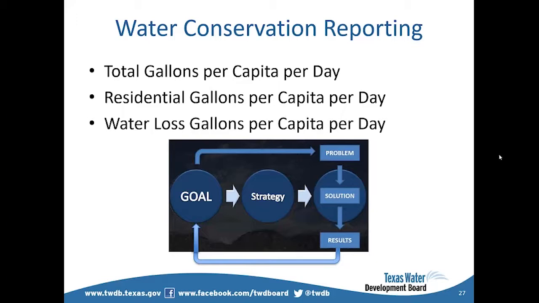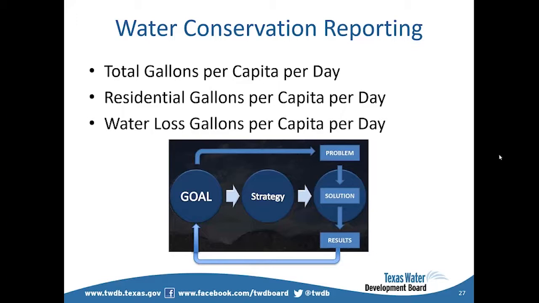And getting pretty close here, so I've covered basically a real quick overview of the water loss audit requirements, the water loss audit methodology, but it all also ties together with our other reports: the water use survey, the water loss audit, and the water conservation plans all tie together.